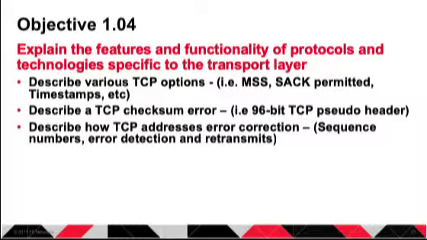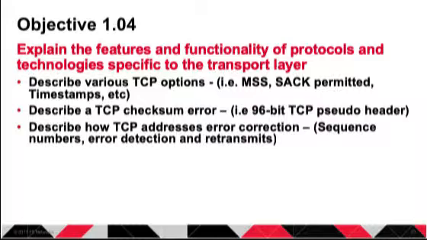You should also understand how error correction works based on sequence numbers and error detection. Error detection could have come from a checksum error, or I've missed a sequence number, so I've processed segment 1 and I never received segment 2. I can't process segment 3 until 2 comes in. That will trigger that retransmit of data.